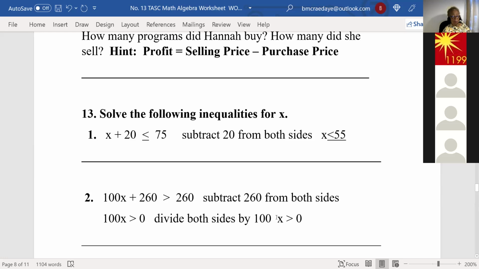So your answer would be X greater than 0. So when you have inequalities, you do those just like if they were equations. You solve them the same way. If you're adding, you're going to subtract. If you're multiplying, you're going to divide. If you're dividing, you're going to multiply. So you apply the same rules you did when you do equations, even though it's an inequality, same thing.